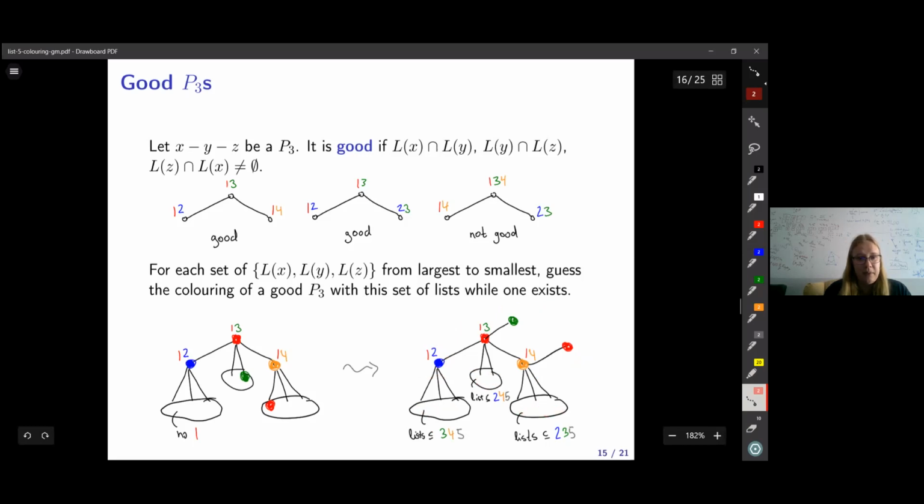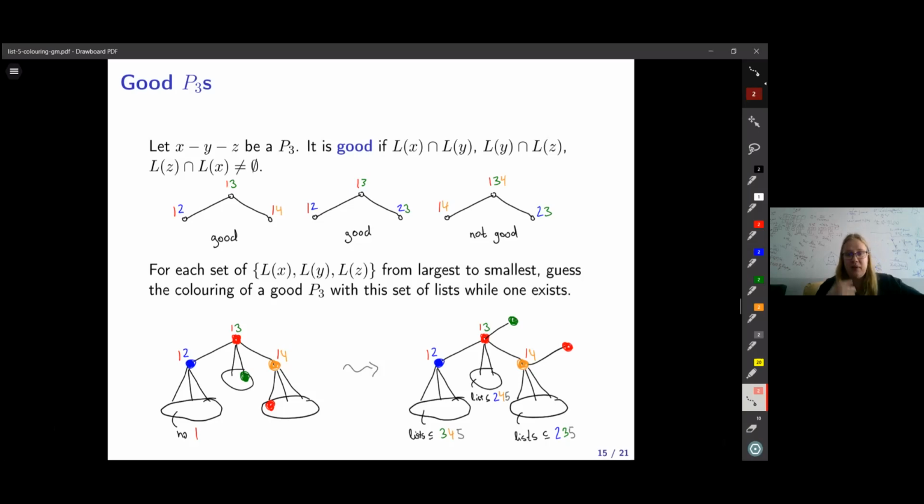For each neighbor whose color I haven't guessed, I can now intersect its list with the list of colors that aren't available to the vertex, which has the nice effect that once I guess one of these things, the only vertices in my graph that still have neighbors in this are those whose lists are disjoint from one of the 3 vertices. That's how I updated them.